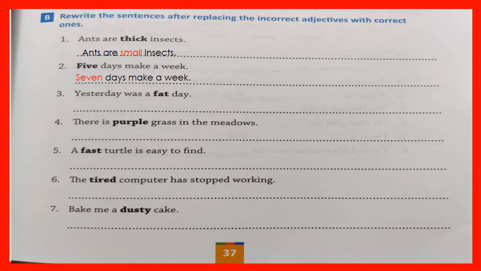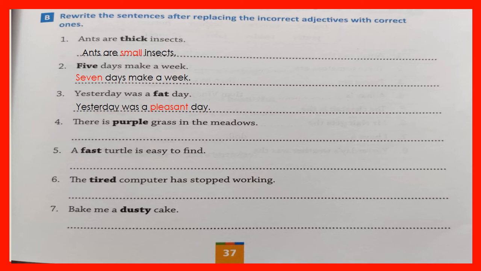Number 3, yesterday was a fat day. Now, can a day be fat? No. So, what can you write here? Yesterday was a hot day, pleasant day. Okay. So, I have written here pleasant day. Number 4. There is purple grass in the meadows.